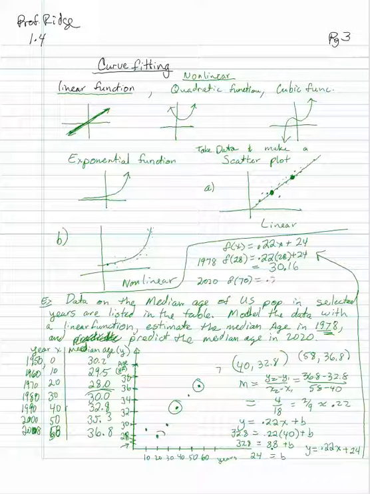So we plug in 70: 0.22 times 70 is 15.4, plus 24, and we get 39.4. Okay, so that answers that question.